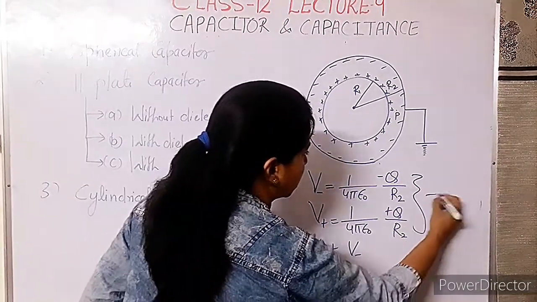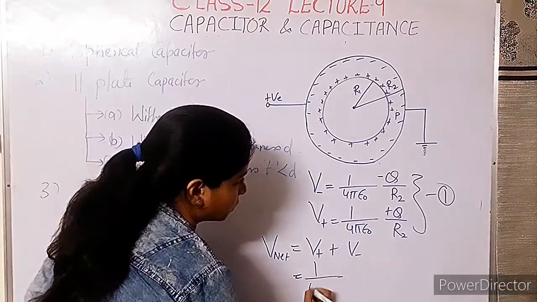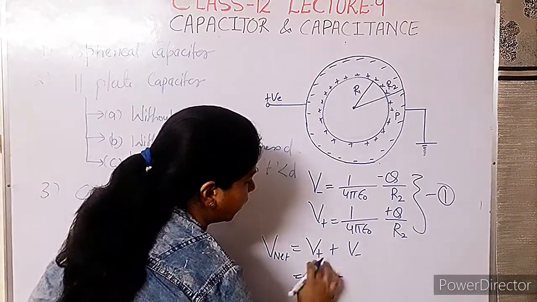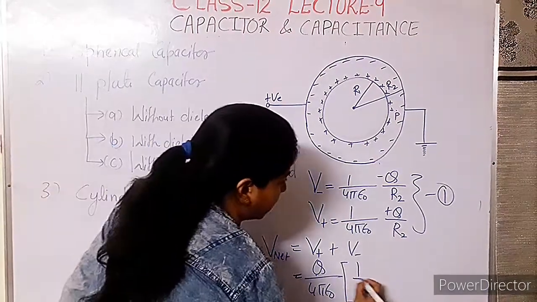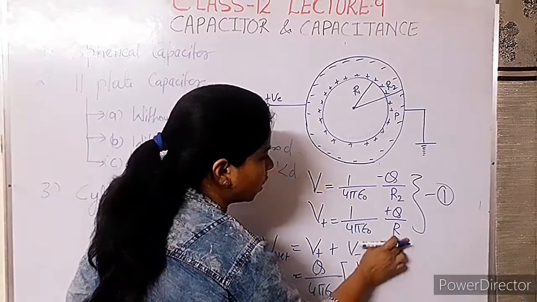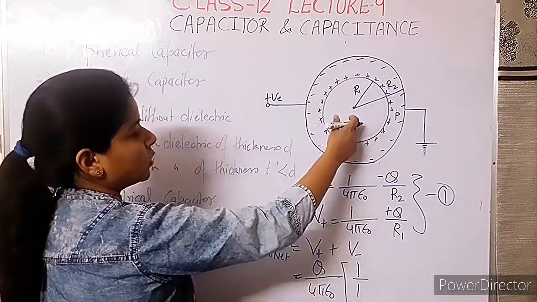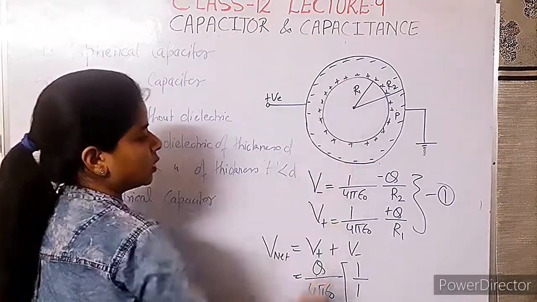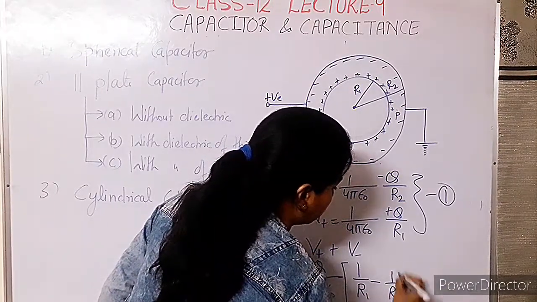Now this is equation number 1. You can put the values from equation number 1 over 4 pi epsilon naught, take the q terms common, and inside the bracket you will get 1 over R1, not R2. You can see the plus charge is for the inner sphere, the inner conductor, so the inner conductor radius is R1. So 1 over R1 minus 1 over R2.